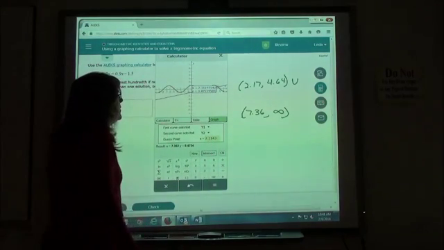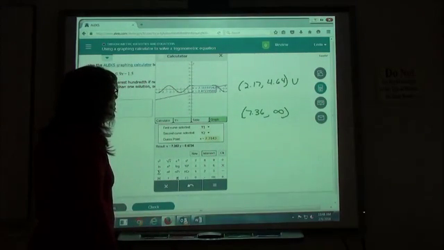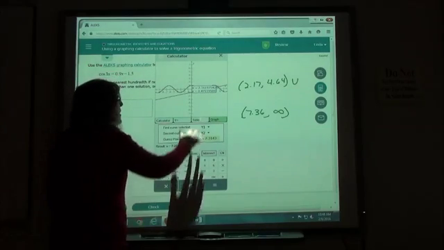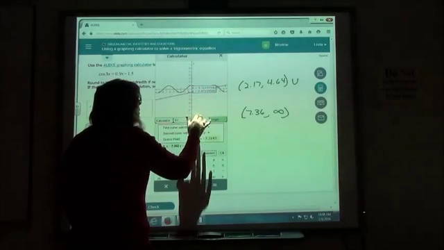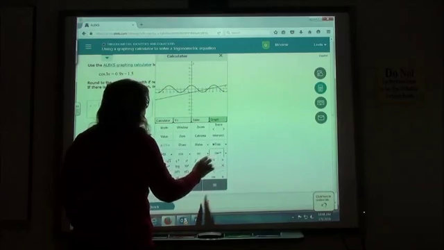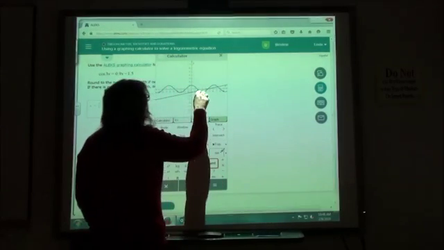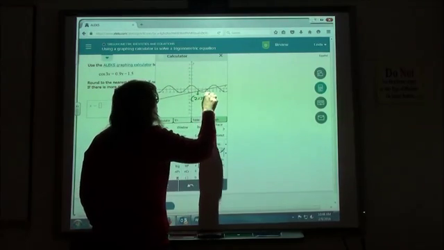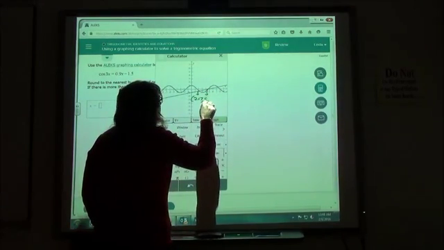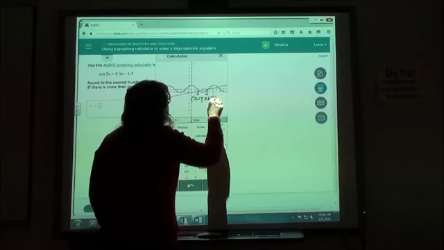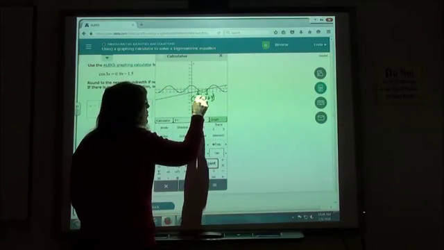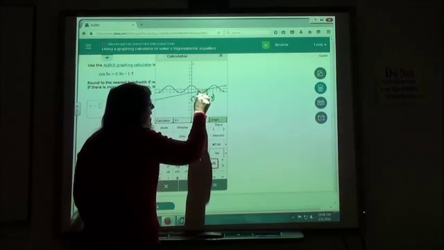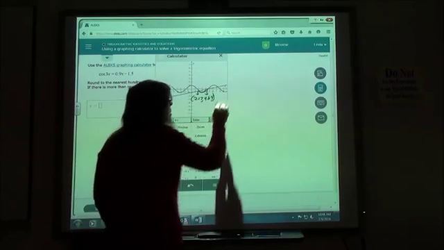Of course, when I hit this, it's going to erase the board, but I want to show you where you're at here, so I'm going to hit OK. So, this was the 2.17 to my 4.64. That was your first interval that's lower than our line.